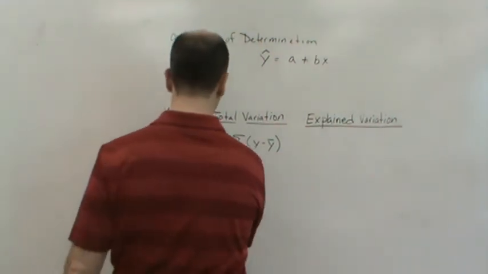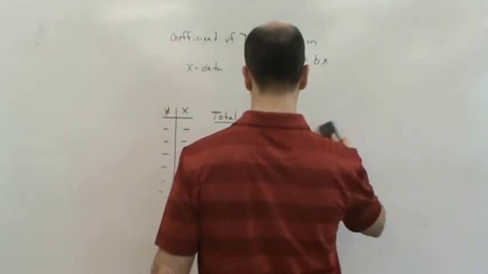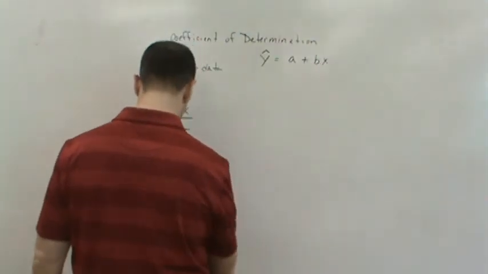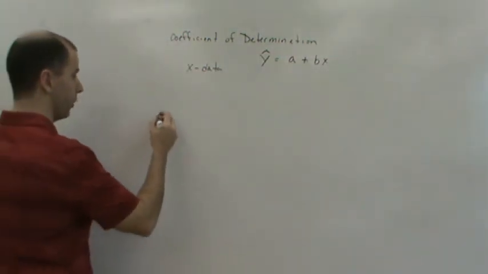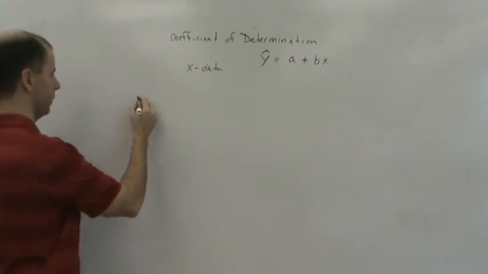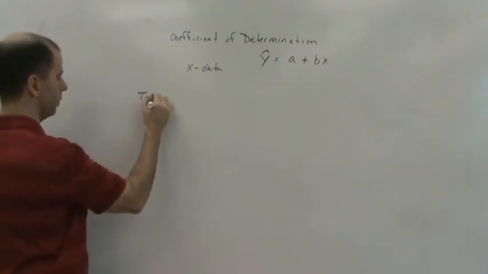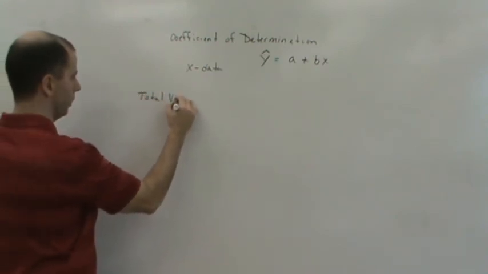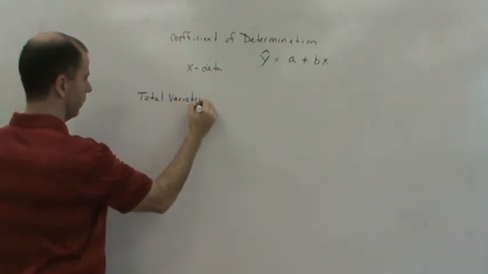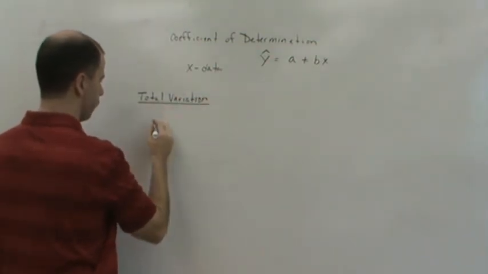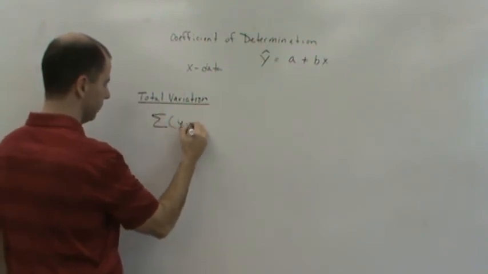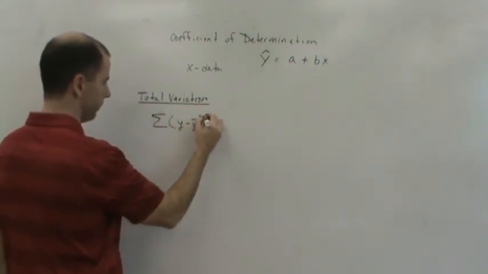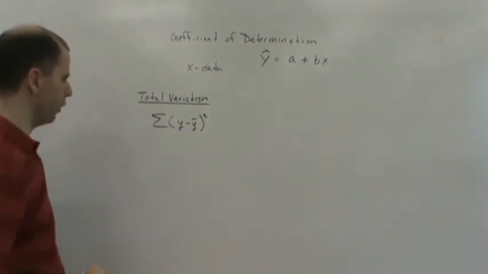In fact, let me write this differently. So if we have total variation, it's going to be this formula here. I don't know if I squared that before, but it should be squared.